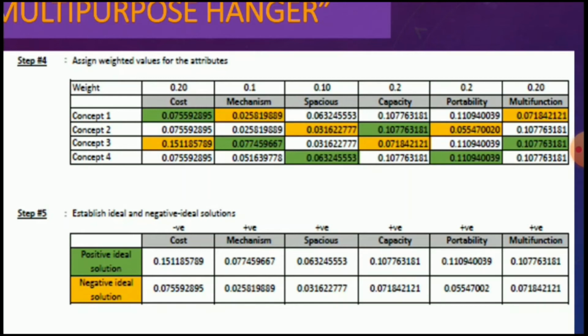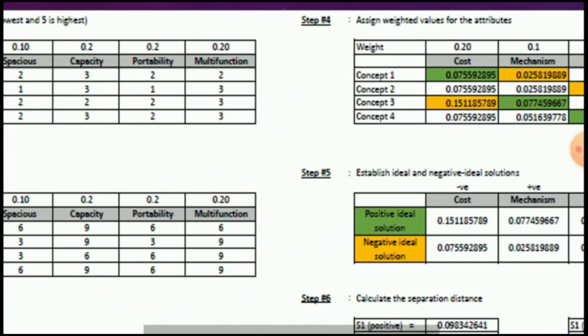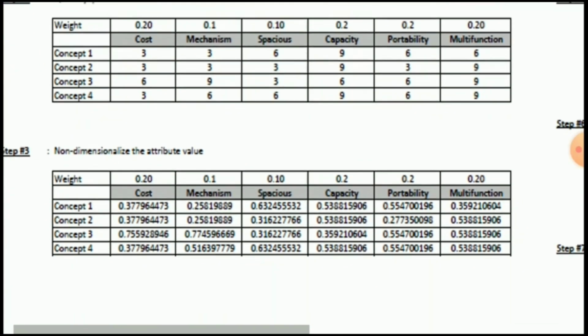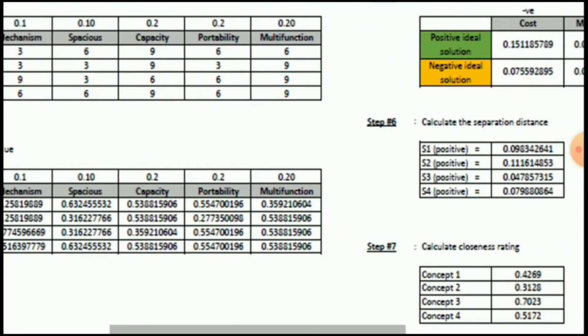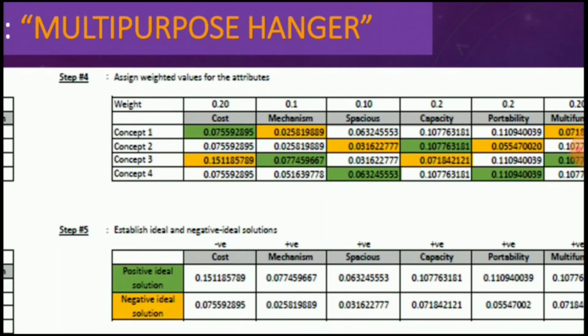This is exactly the same weightage that we applied in the Pugh matrix. So when you have 0.2 and multiply it in step 3, let's say for concept number 1, which is 0.37796, multiplied with the weightage assigned, it will give a number of 0.07559.